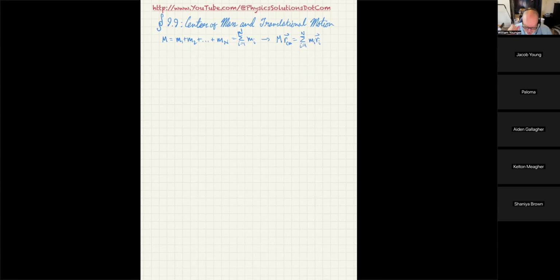In other words, you can treat it as a big mass M whose center of mass is pointed to by the vector R_CM, but to do that you've got to use the sum of the masses m sub i R sub i.